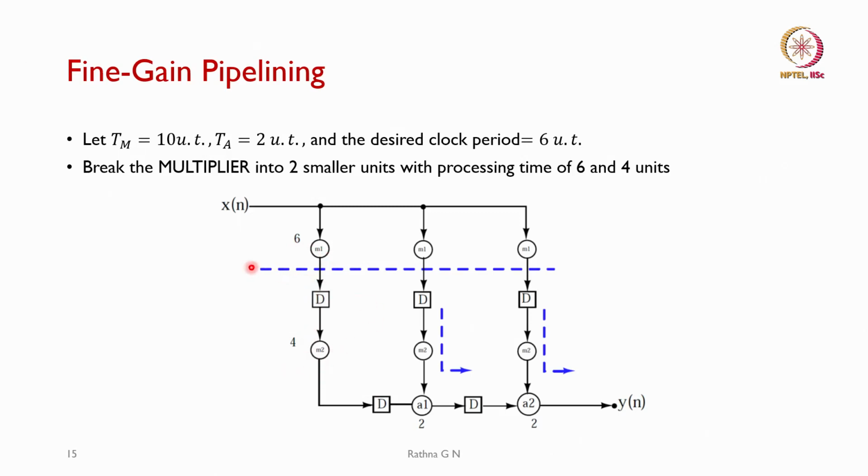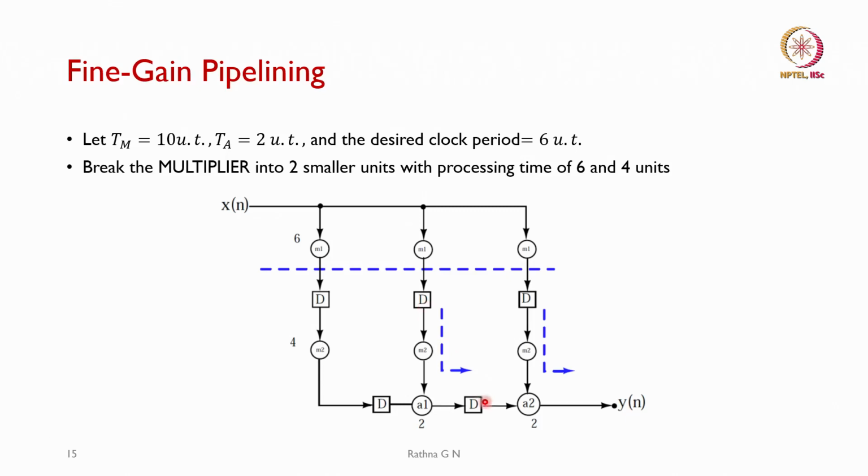So, we are doing a cut set here in the forward path, and then put a delay element in all the 3 legs of my filter, and then we will see that from input to this latch is 6 units in all the cases, and from this latch to this latch is only 4 units, and whatever is shown in blue will be my critical paths basically.